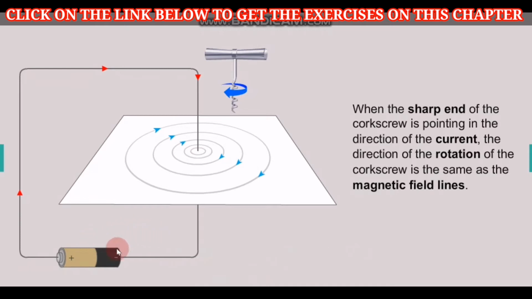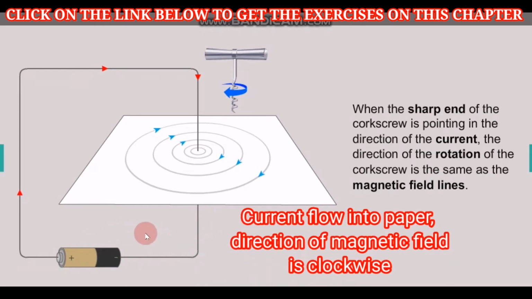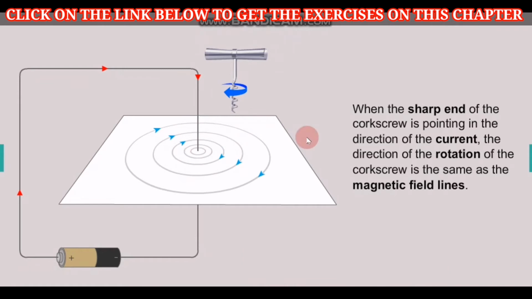And if we reverse the direction of current, the direction of magnetic field will also change. For example, now current flows into the paper, so our thumb should be pointing downwards, in which the forefinger is now curled following the clockwise rotation. Other than the right hand grip rule, there is another method which we can use to determine the direction of the magnetic field in a straight wire or in a current carrying conductor.